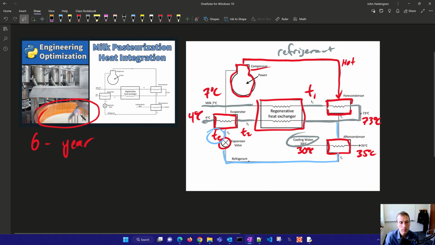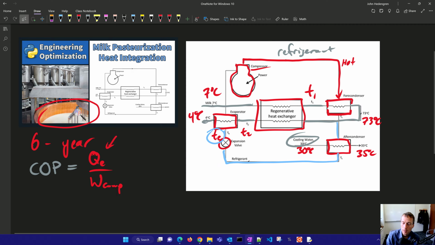So we want to optimize all of these heat exchanger areas given all of the economics of it, but it's just going to be a combination of some heat transfer principles. Let's start off with the coefficient of performance. The coefficient of performance is equal to the heat transferred from the evaporator divided by the work of the compressor.